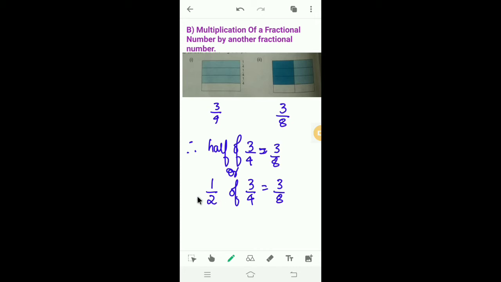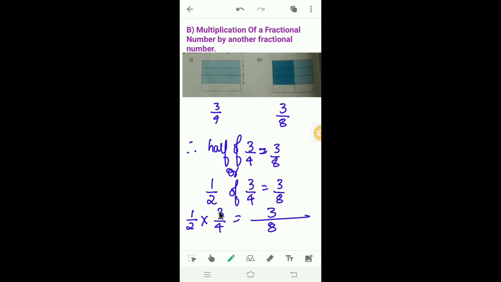Here two fractions are 1 by 2 into 3 by 4. If you multiply 1 by 2 and 3 by 4, then the product is 1 into 3 is equal to 3, 2 4s are 8. So half of 3 by 4 is equal to 3 by 8.